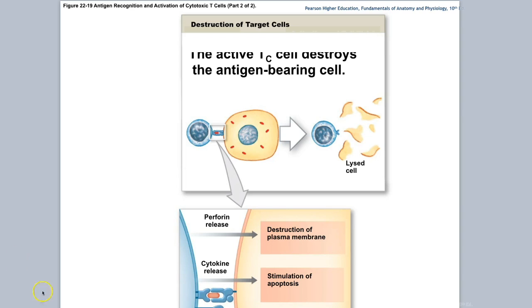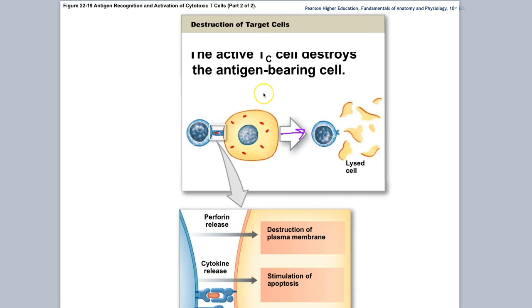All right, next slide. It looks like I'm missing some words here. It's okay, I can tell you what they say. This is the active T cell destroys the antigen-bearing cell. So as soon as it has that co-stimulation step occur and then the T cell becomes activated, we already showed that part, where the T cell started undergoing mitosis, then the T cell will destroy the infected cell.